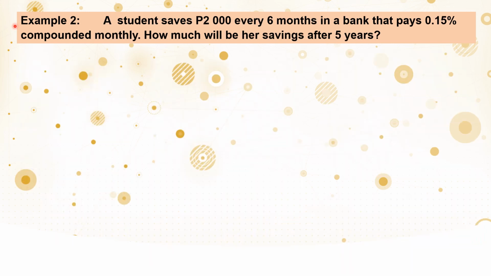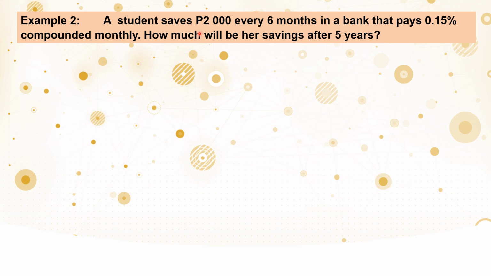Example number 2. A student saves 2,000 pesos every 6 months in a bank that pays 0.15% compounded monthly. How much will be her savings after 5 years? So, what are the givens in the problem? We have 2,000 pesos.